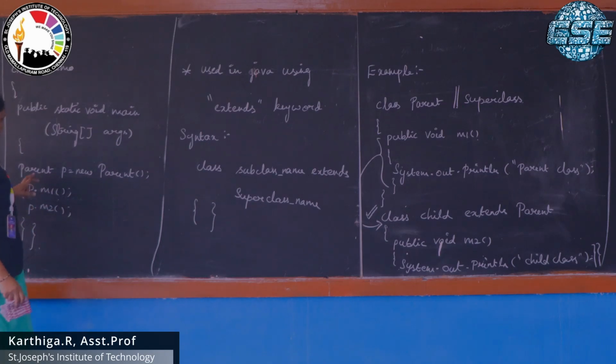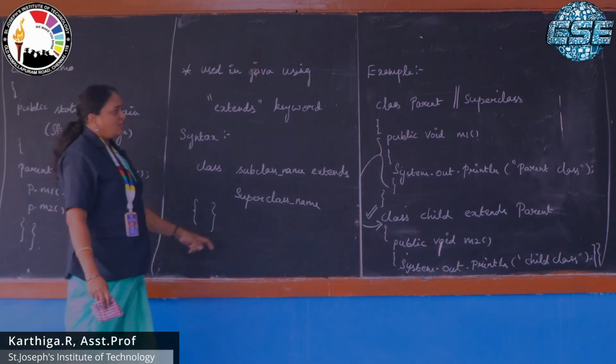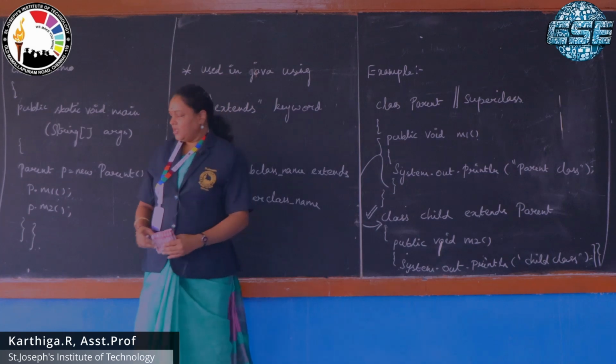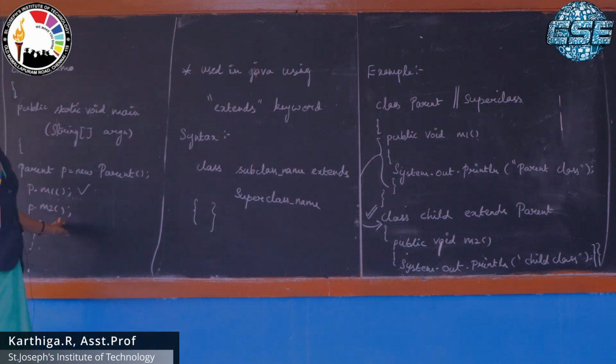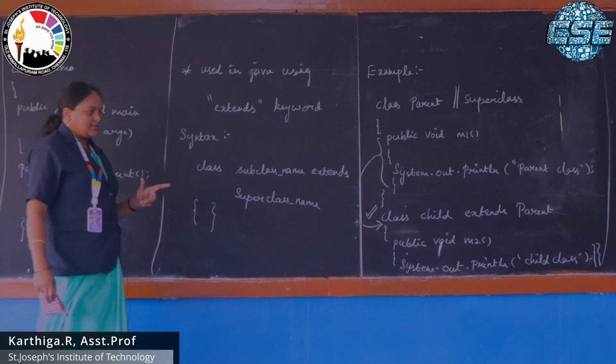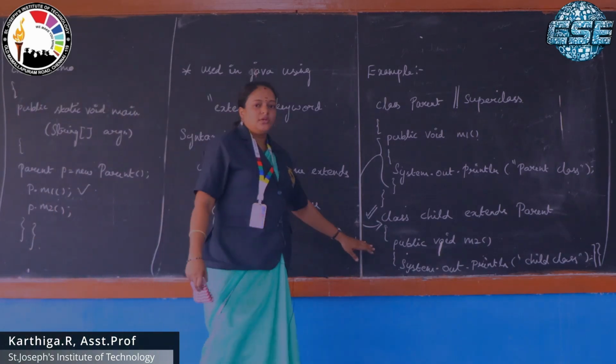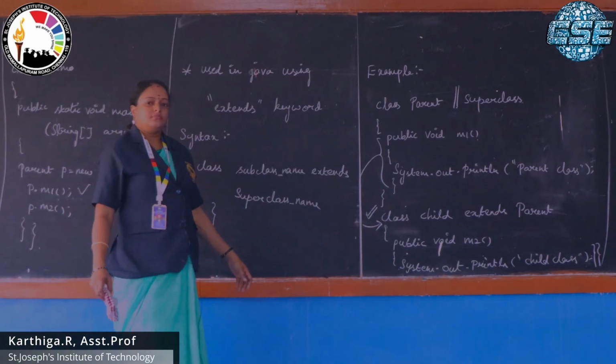The parent has the method m1, so this code will be executed. But what about the m2 method, which is declared in the child class? Will it be executed correctly or not?